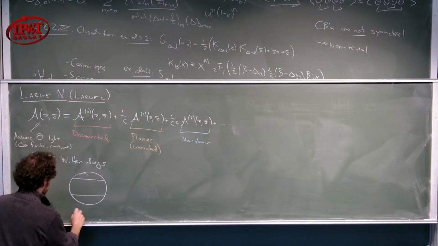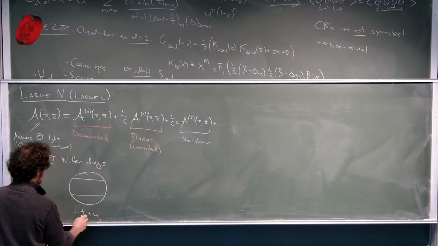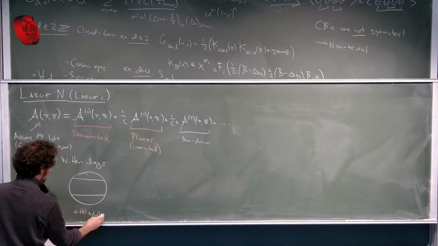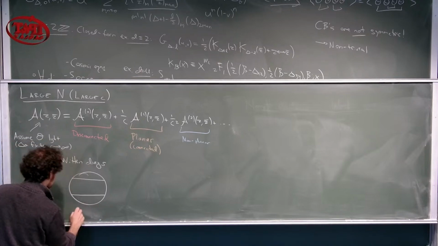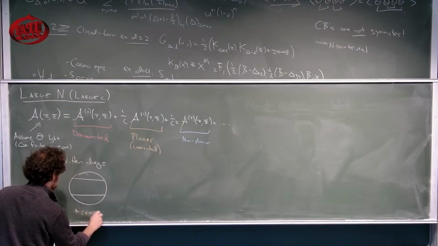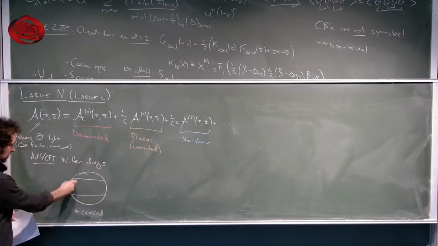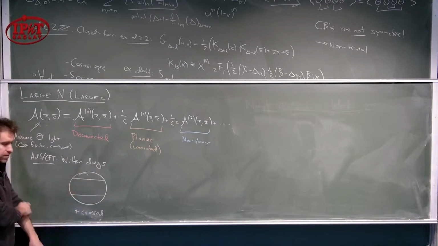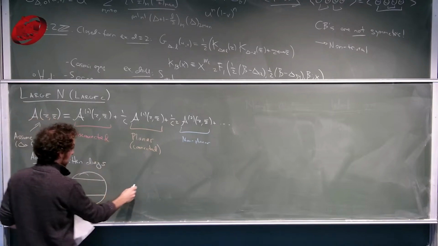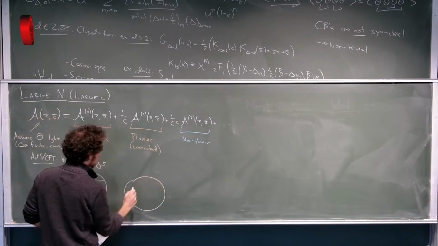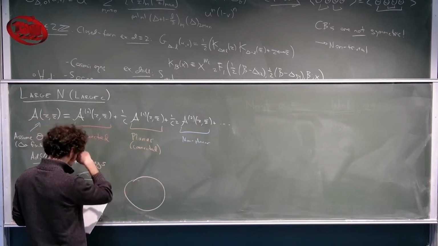Now, there also would be the cross-channel propagations. I'm not going to draw this one, and then the U-channel as well. Now for the planar, well, now you're going to start to see the effect of bulk interactions.